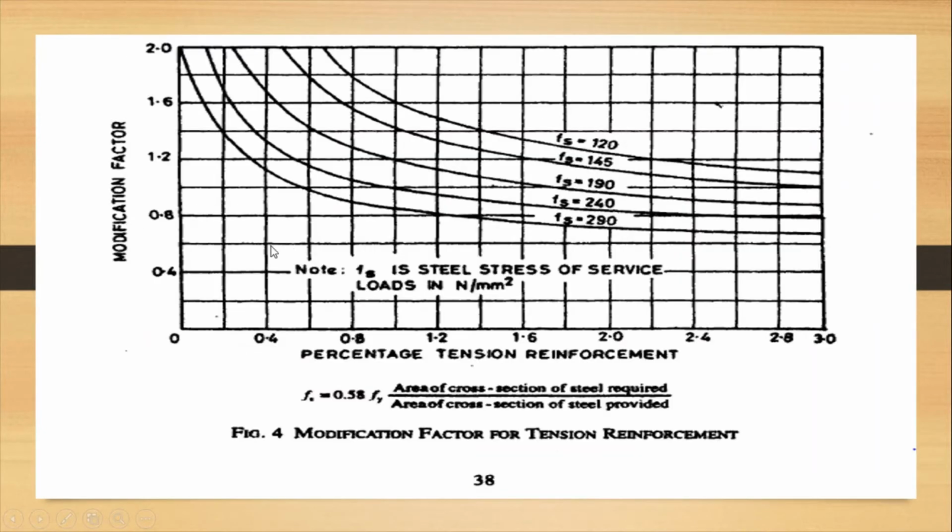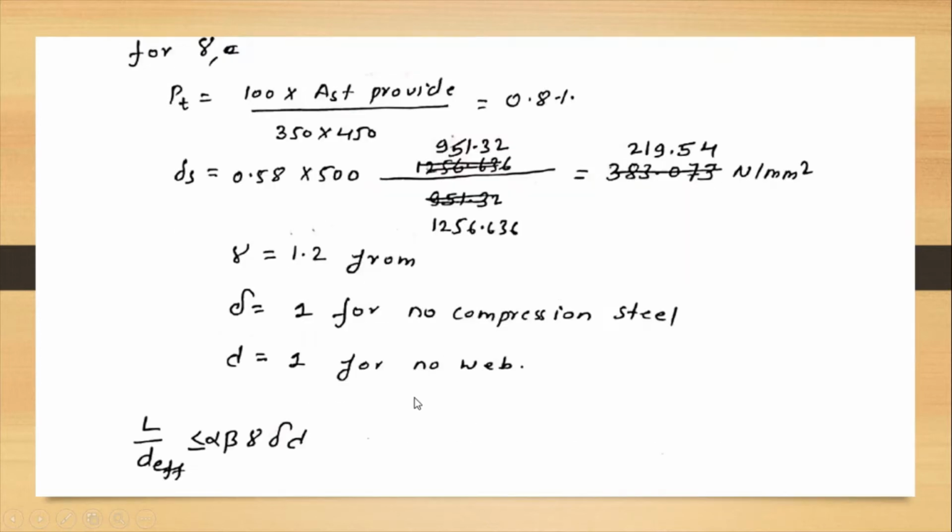Now we have to calculate the steel stress at service load, which is represented by Fs. Fs is equal to 0.58 Fy, area of cross section of steel required divided by area of cross section of steel provided. By using the values, we are getting 219.54 Newton per mm square.